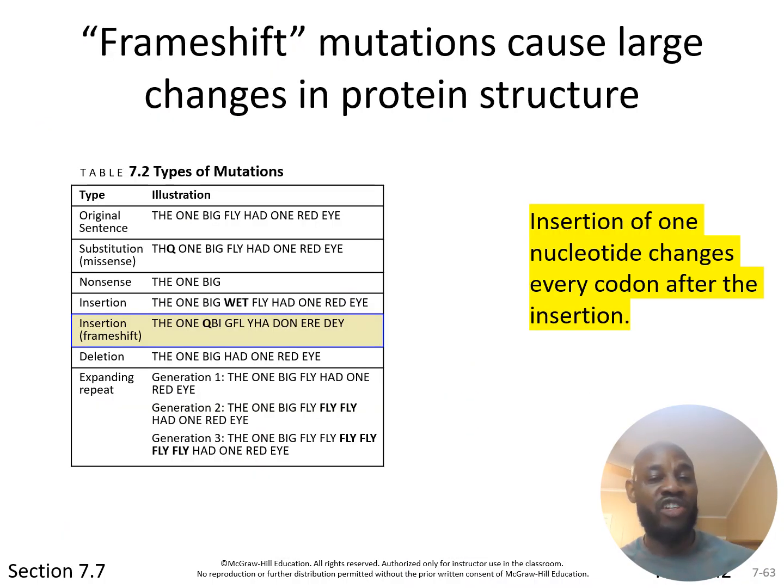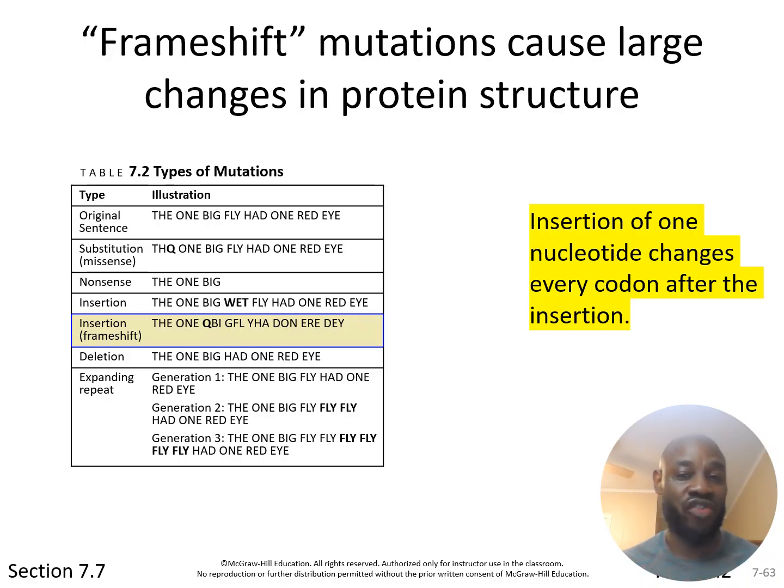You also have frame shift mutations, which cause large changes in protein structure. So instead of changing a single nucleotide from an A to a G, I added a nucleotide. Then everything after that nucleotide would be off.